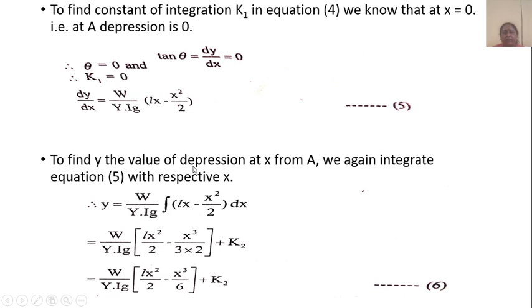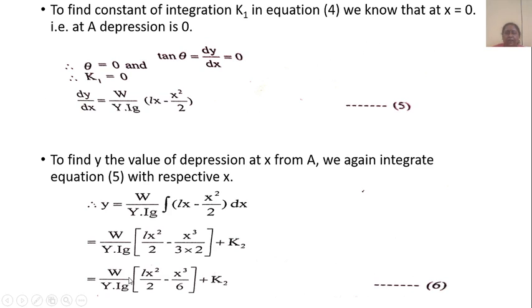So dy by dx equals W upon Y into Ig into (Lx minus x square upon 2). Now to find the value of y, the depression at x from A, we again integrate equation 5. We get y equal to W upon Y into Ig, integral of (Lx minus x square upon 2) dx, which is Lx square upon 2 minus x cube upon 3 into 2, plus k2.